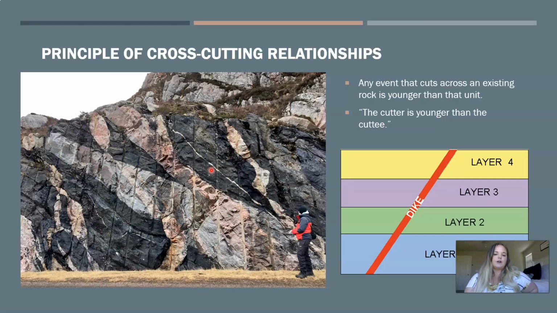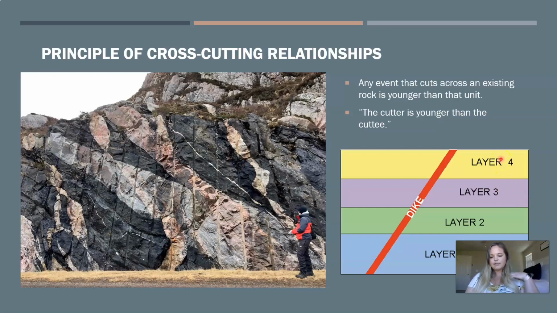Now, the principle of cross-cutting relationships helps us distinguish when a fault cuts through an area, or if we have an igneous intrusion, which we also call dikes, we can tell whether that is older or younger than the unit it is crossing. So, in essence, the cutter, which is this dike here, is younger than the cuttee, which is what it's cutting through.